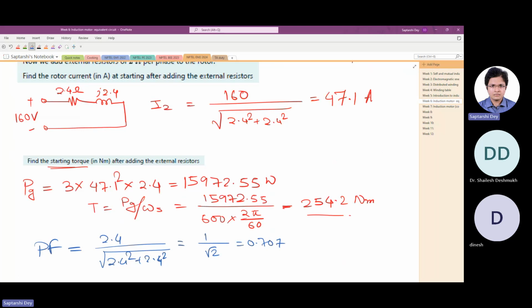So although the resistance is quite high, the power factor is low. That is because there was some slip.